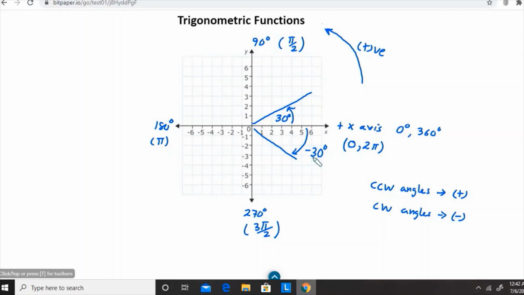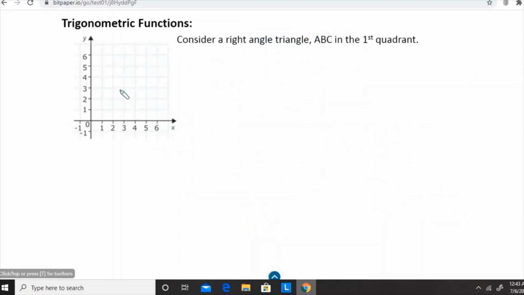Depending on the quadrants, you should know how to identify the range of the angle, and depending on the orientation you measure angles, whether it could be counterclockwise orientation or clockwise orientation, the angle could be positive or negative. So keep that in mind, that's going to be very important. Now let's look at just the first quadrant.